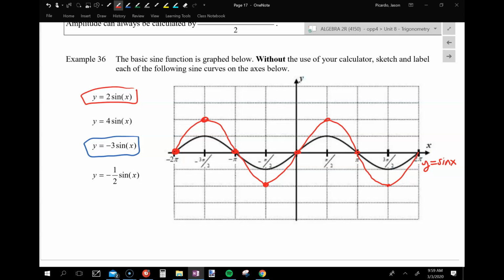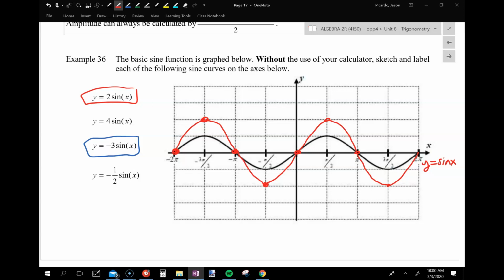Changing the amplitude of a trig function does not what? Changing the amplitude of a trig function does not change. Go ahead, you're right there. Does not change.